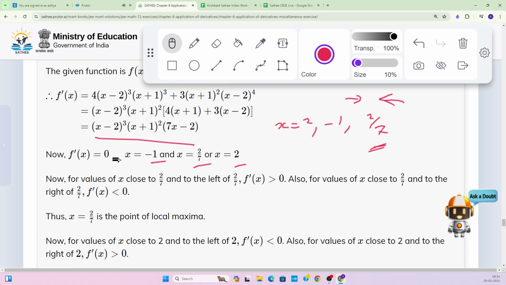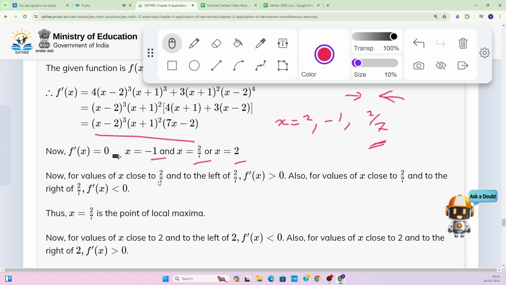As you can see, if you are very close to 2 by 7 and to the left, we are saying from the left hand side, this will be your positive. What about this? This will be your negative. What about this? If you are very close to this, this will be your negative also. Okay, clear? I hope it is clear to you.